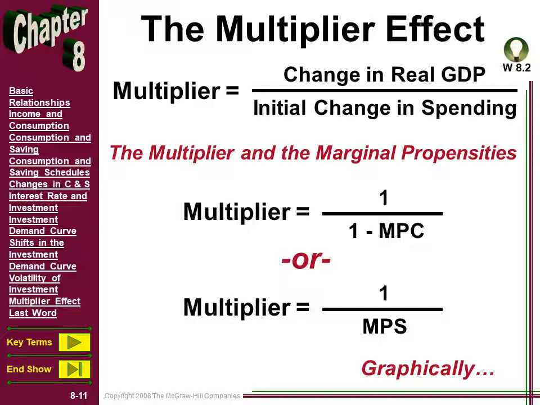So if I spend $1,000 and then the owner of the coat store takes the $1,000 and spends 80% of that. Well, we know that 80% of 1,000 is 800. So that store owner walks down the street and spends $800 on new furniture for his living room.